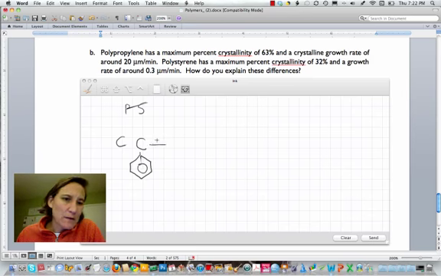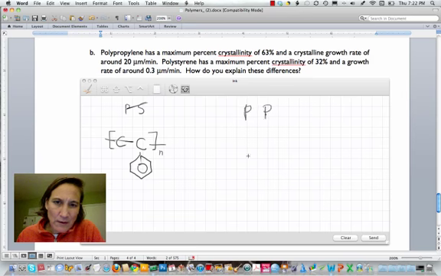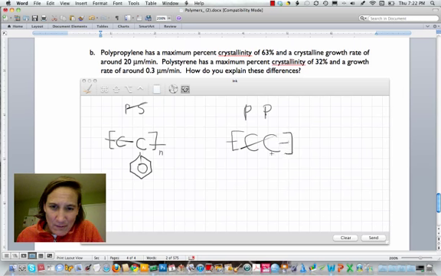And this is the repeating unit, and I'm omitting the hydrogen atoms for simplicity. This is the repeating unit structure in the polystyrene, and in the polypropylene the structure is the same, this is not to scale, with a methane pendant group here.